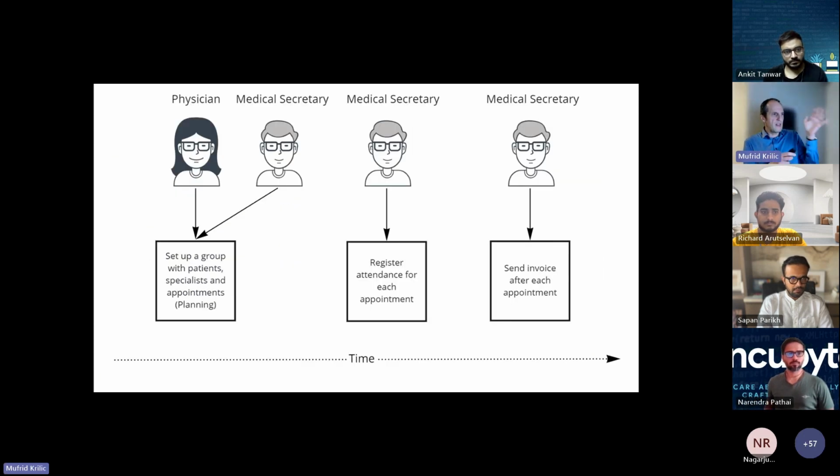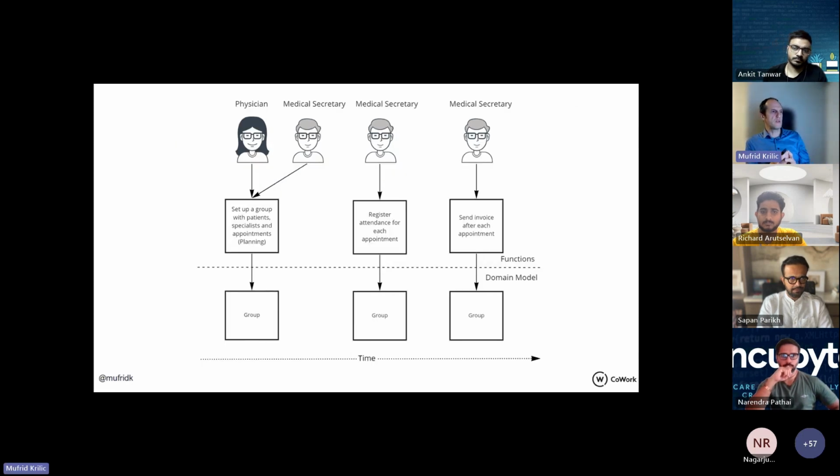Okay, so we still have three functions. We have different roles involved in each function, but using time, we see that we first plan a group, then we register attendance, and then we send an invoice. There is this time delay between the three parts of the process, which gives us another incentive.